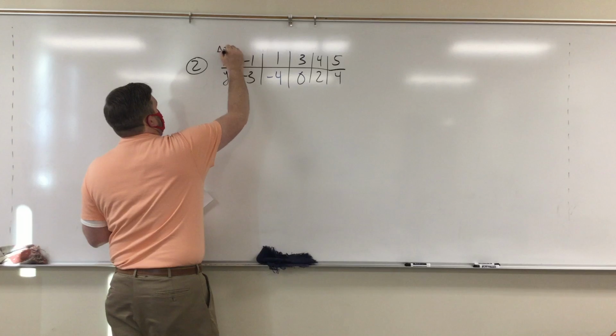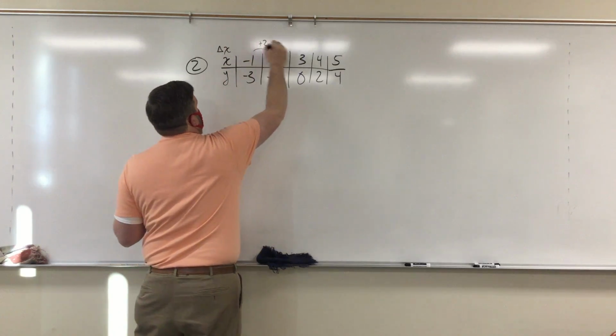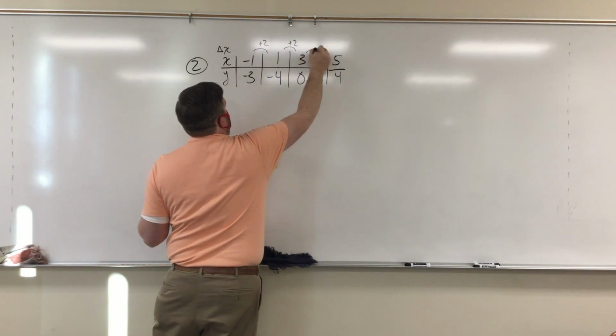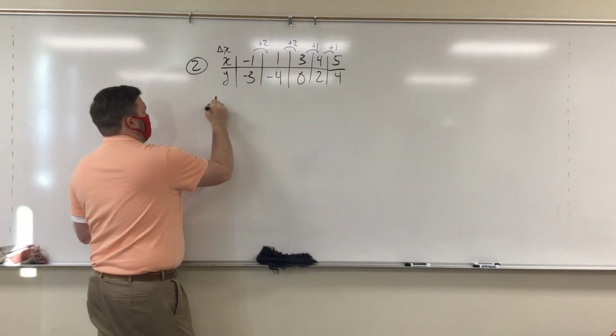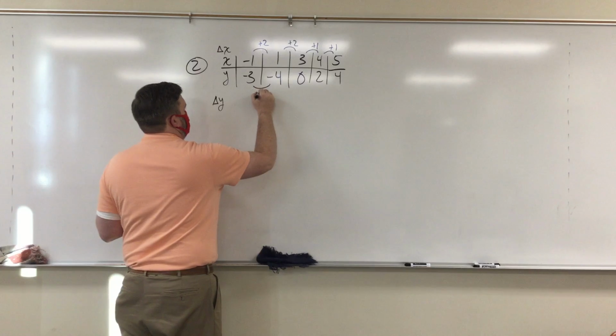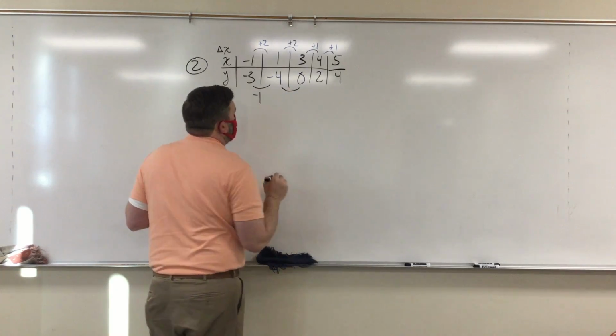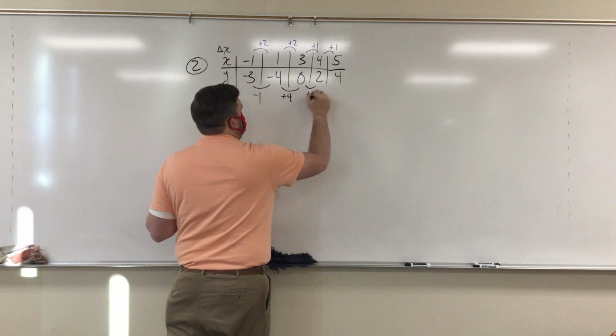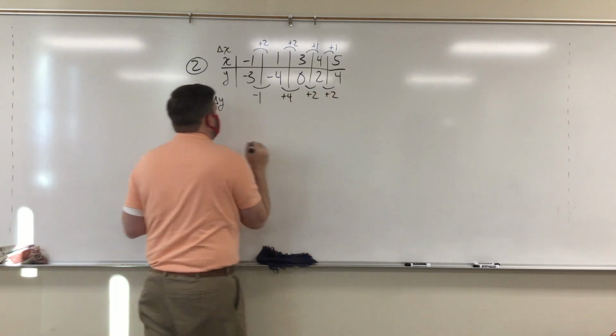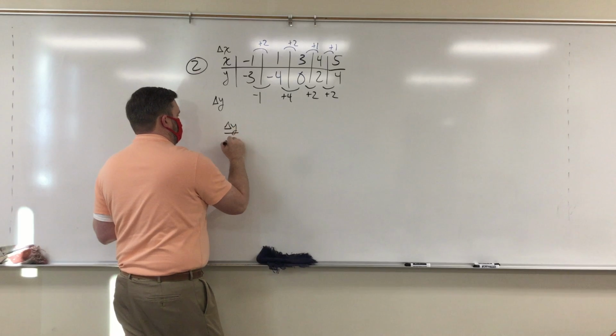So if we look at change in x, that's +2, +2, +1, +1. If we look at change in y, that's -1, that is +4, that's +2, and that's +2. So we look at our rates of change.